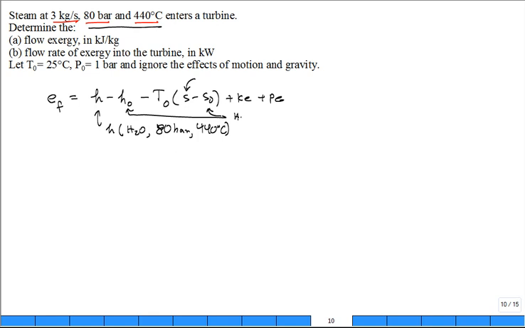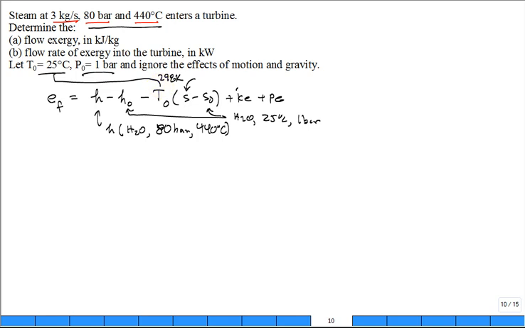That's steam at the dead state temperature of 25 degrees C and the dead state pressure of 1 bar, right? Can you find the properties h naught and s naught? Okay, good. Then the T naught you put in, you don't put in 25, you put in 298 Kelvin, true? Absolute temperature for the dead state.